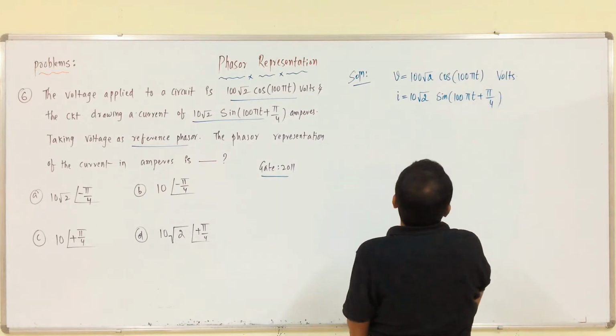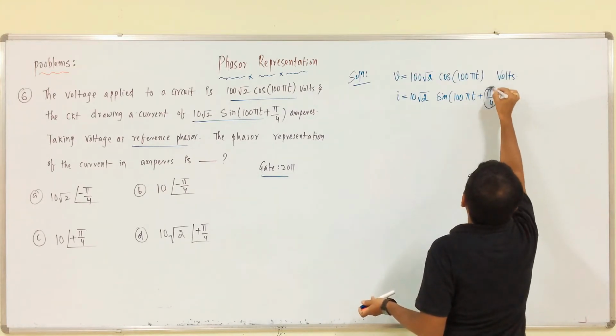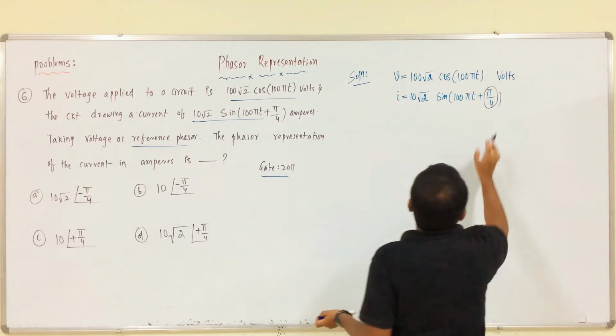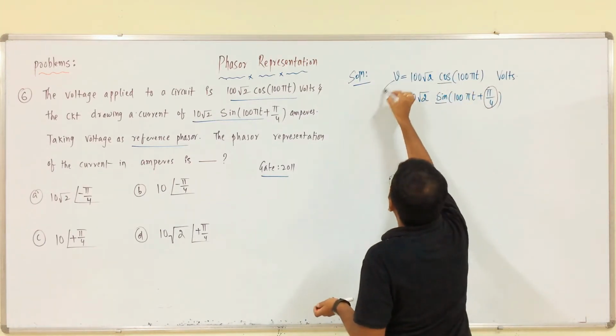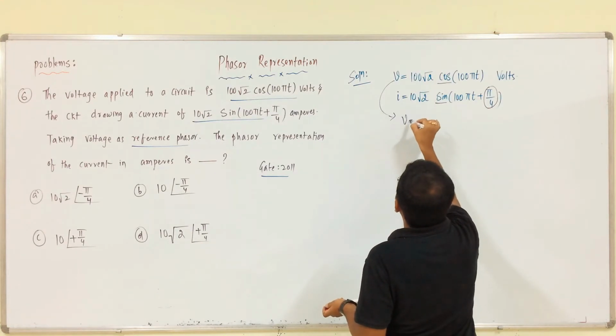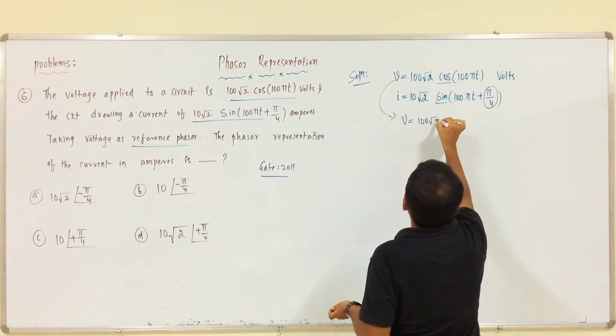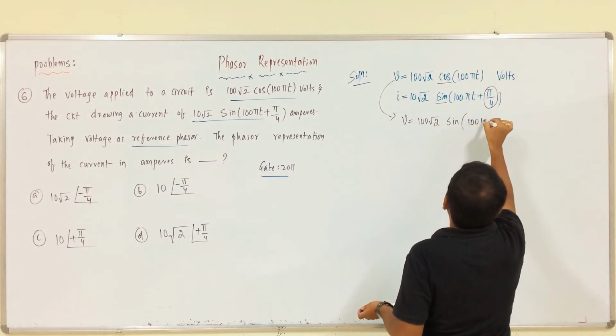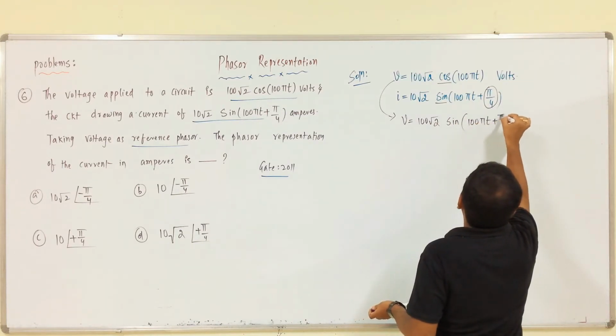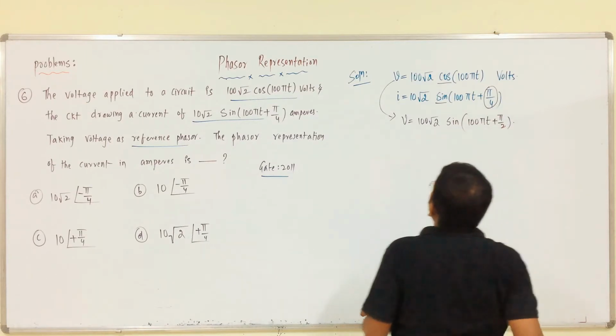The frequency is the same, no problem at all, but here we have cos and here we have sin. Then how to convert this? V is equal to 100 root 2 sin (100 pi t plus pi by 2), that is it.